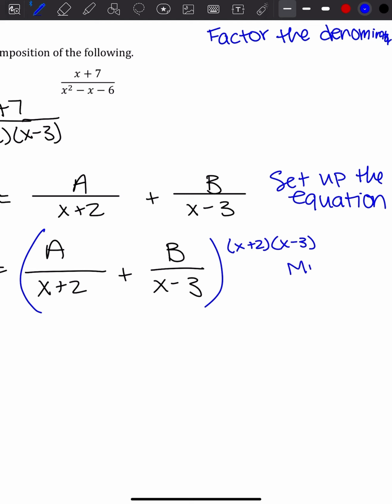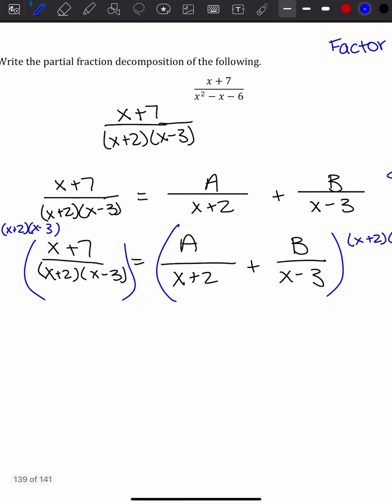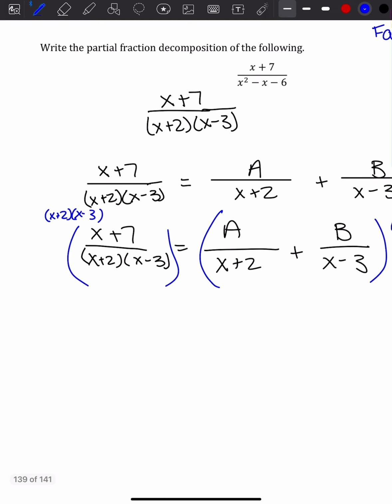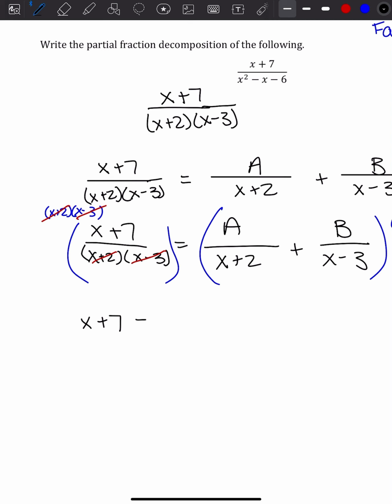So we are multiplying by the original denominator. Okay, when we do this, I'm doing the inverse operation here. So x minus 3 goes away, x plus 2 goes away, leaving this side as just x plus 7.